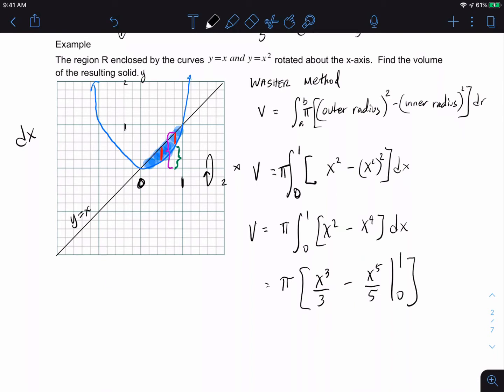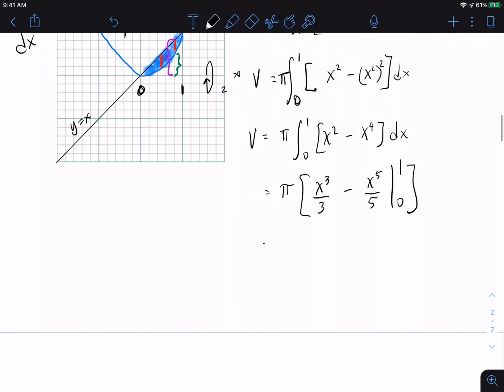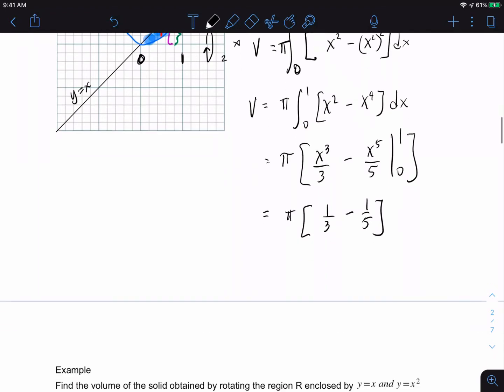And all of that's being multiplied with pi. So I'm going to get pi times 1/3 minus 1/5. And then obviously the 0 is going to drop away. And that's going to yield 2 pi over 15 units cubed.